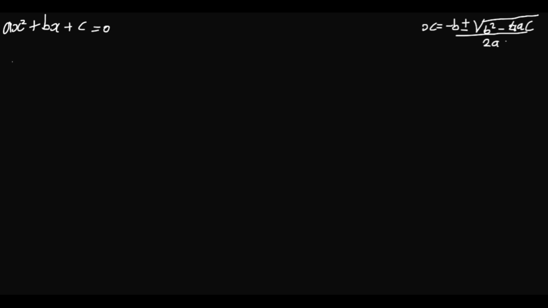So now here, the first step that we need to make sure of is that the coefficient of x squared must be equal to 1. So anything in front of x squared must be removed. So we are going to remove our a. We divide by our a, even here, a, also here, a.